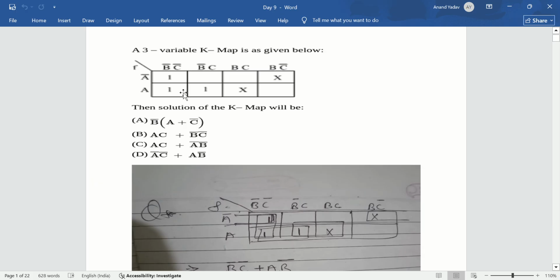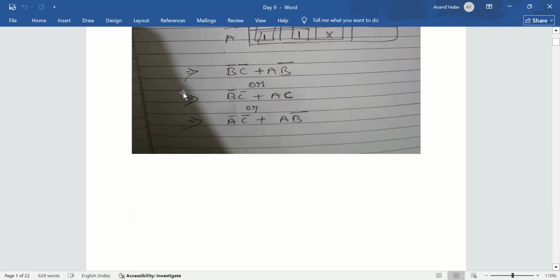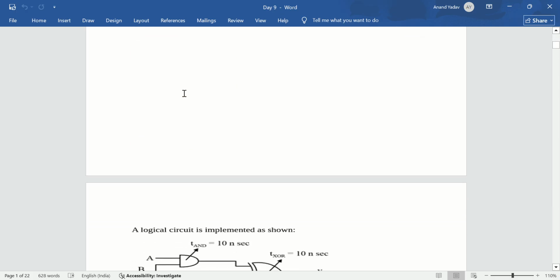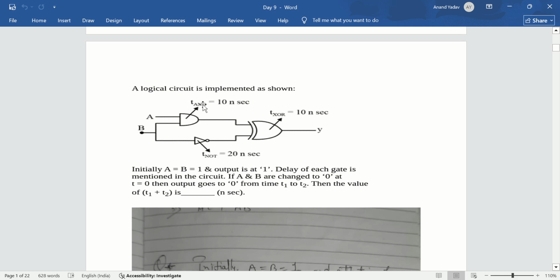Now next one is: a logical circuit is implemented as shown. These are the logical gates with 10 nanosecond delay, and for the NOT gate 20 nanosecond delay, and for the XOR gate 10 nanosecond delay.